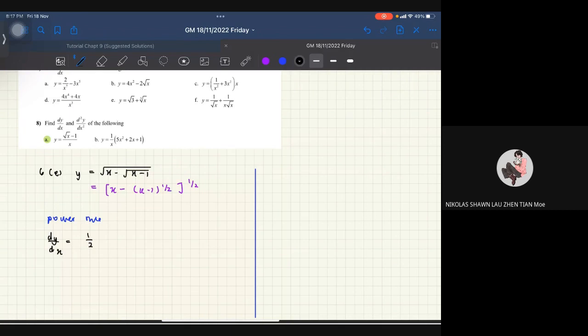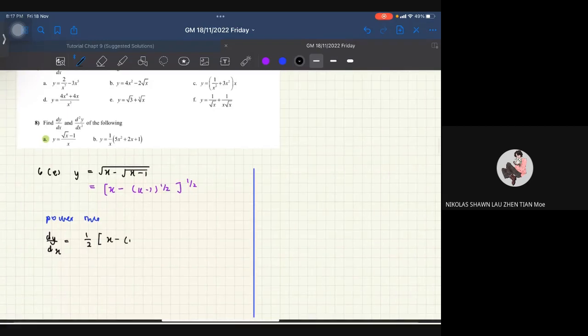And then what I need to do right now is copy back everything I have inside the bracket. So just copy back x minus 1 power of 1/2, and then close the bracket. So now our power is no longer 1/2. We have to subtract 1, which is negative 1/2.